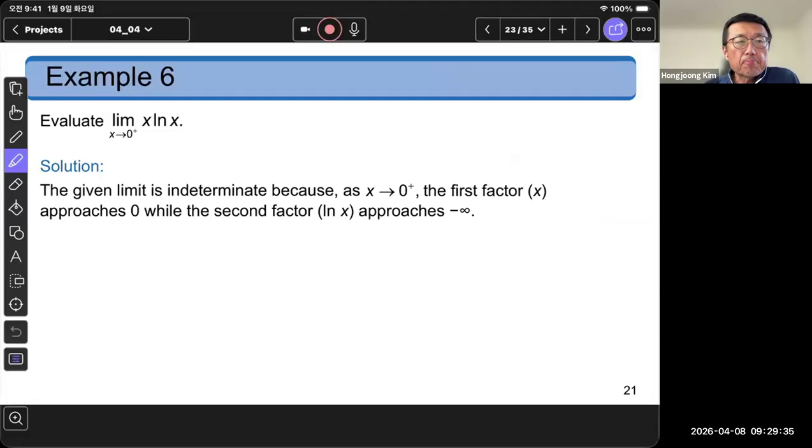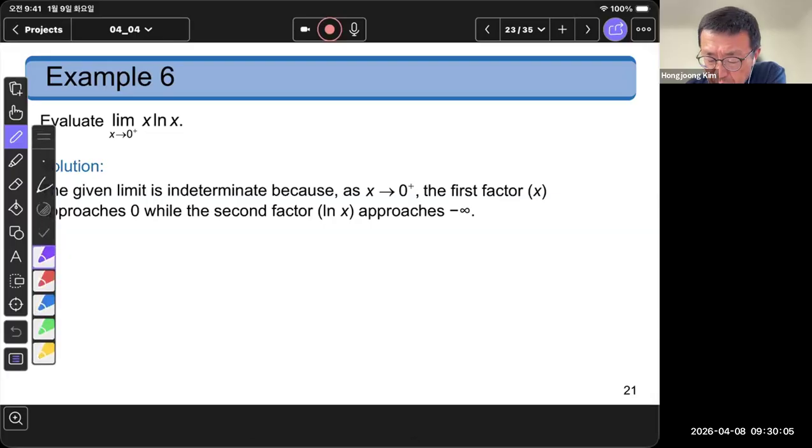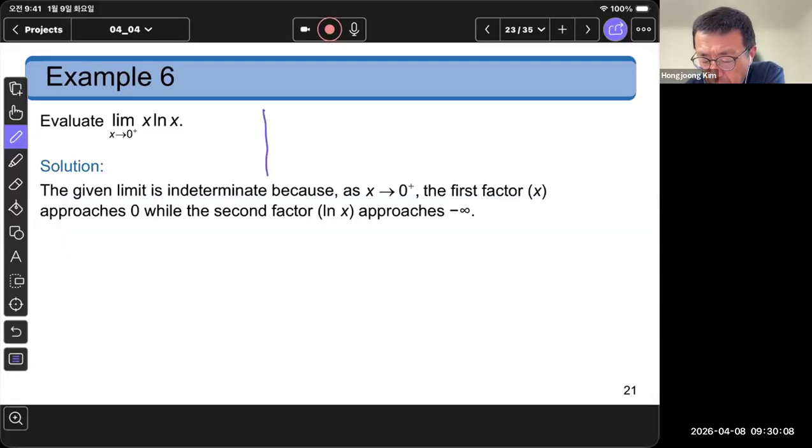So as an example, x times log x, as x approaches 0 from the right. Okay, so as you know, the graph of the natural log function is like this.